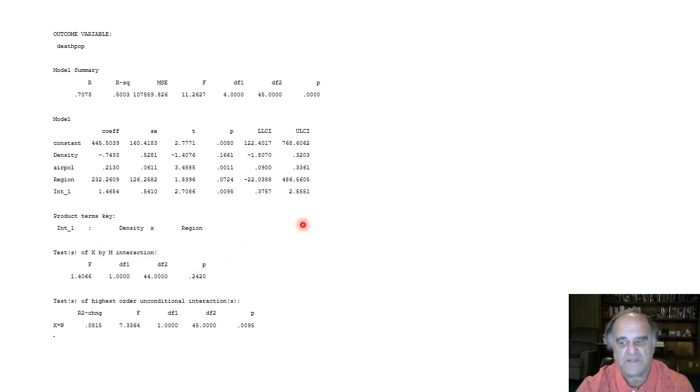So Process will tell us, is there a significant interaction between the X value, which is density, and the M value, which is air pollution. And it's telling us it's not. There's no significant interaction. However, of course, again, there is a significant interaction between density and region.